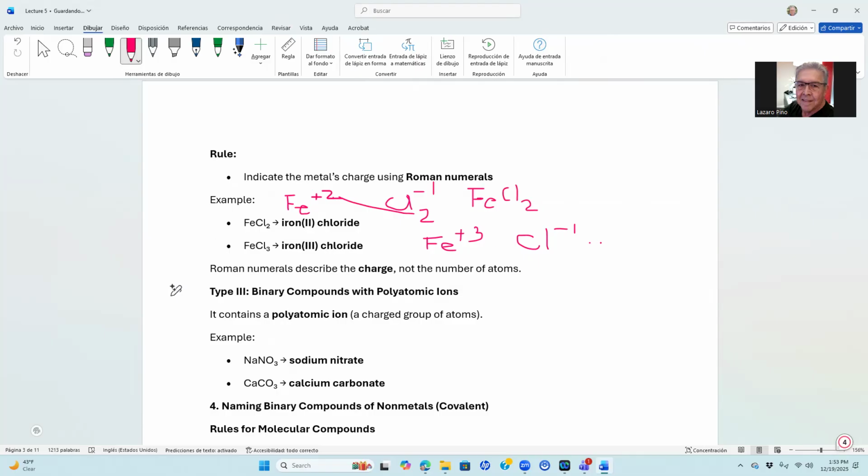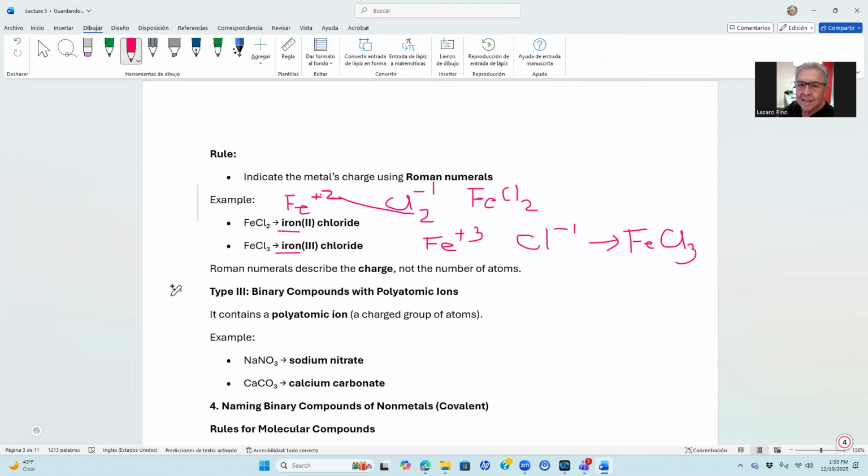And the same thing here: it will be iron and 3 chlorides. But in order to distinguish this iron from this iron, we write the oxidation number in Roman numerals in parentheses.